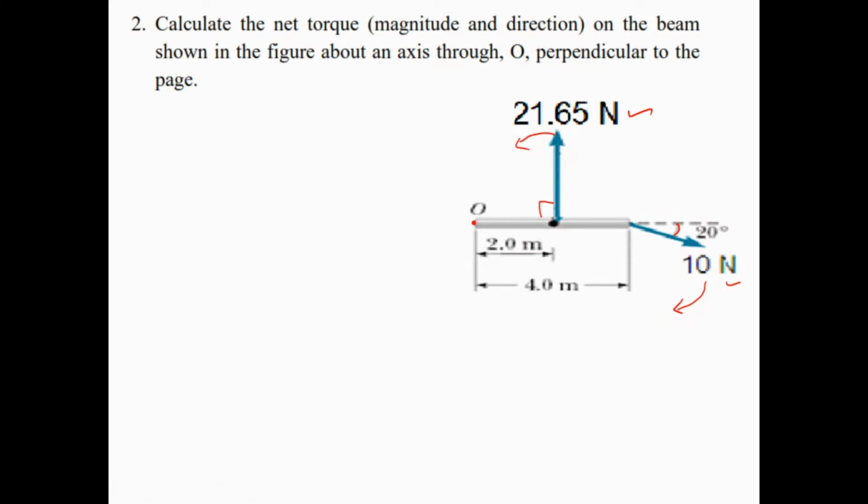So the 10 Newton force will be in the clockwise direction, and the torque applied by the 21.65 Newton force is in the counterclockwise direction. So we have to find the net torque.